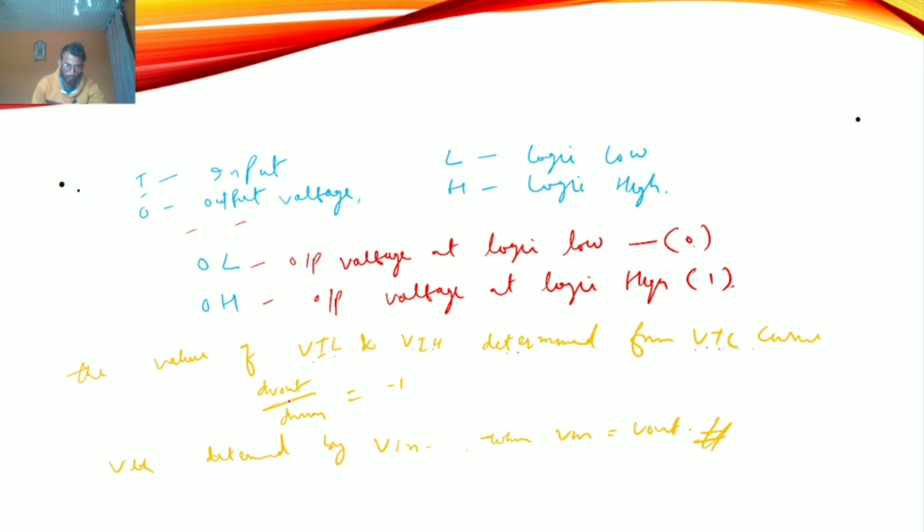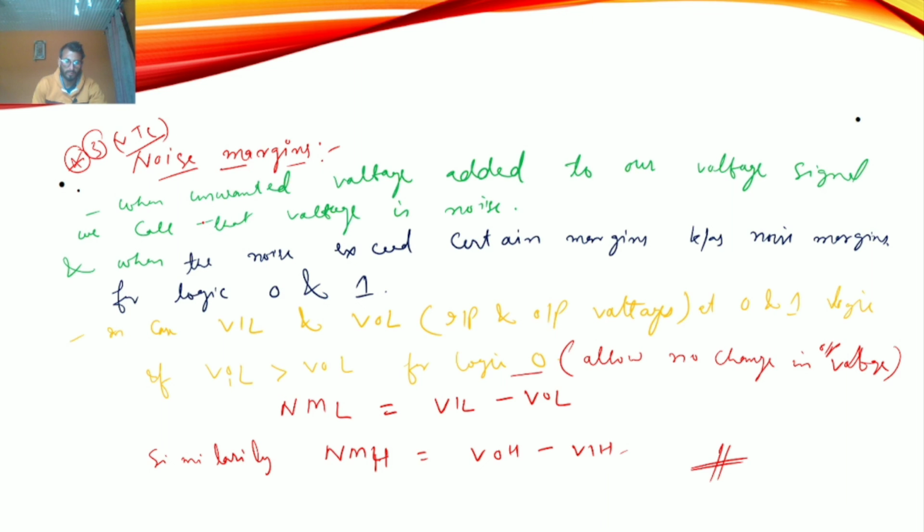So let's move to the third topic in the VTC, voltage transfer characteristics of the MOS inverter. This is the noise margin. So what is noise margin? When any unwanted voltage or signal is added to our desired voltage signal, we call that noise, or a noise signal.